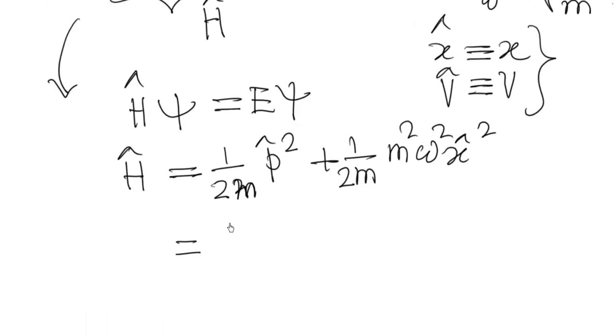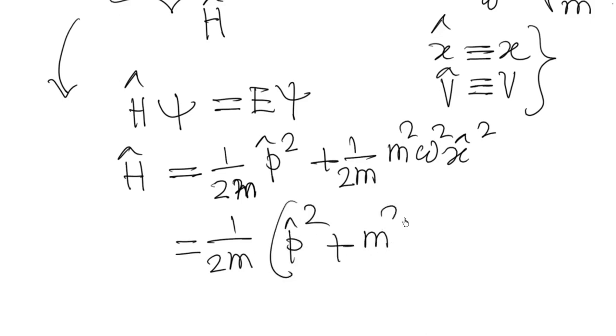Take common 1 by twice m, then we'll have p square plus m square omega square x square. Remember, m is the mass of the simple harmonic oscillator, that means the mass of the block.